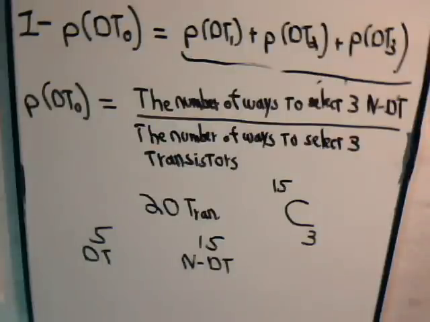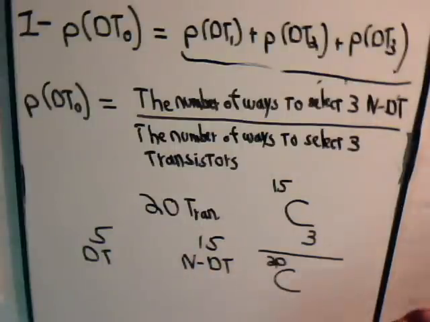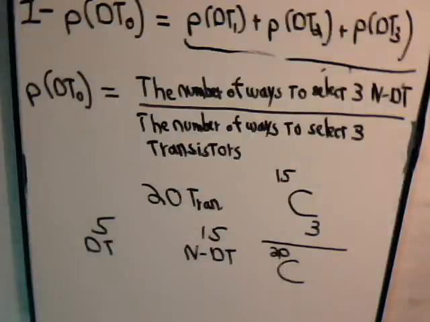Now if we want to know the probability of that, we have to divide that by the total number of ways that 3 transistors could be selected. And that, of course, is there's 20 of them altogether. Out of the 20, how many ways can we choose 3 of them? The order in which we choose them doesn't matter.